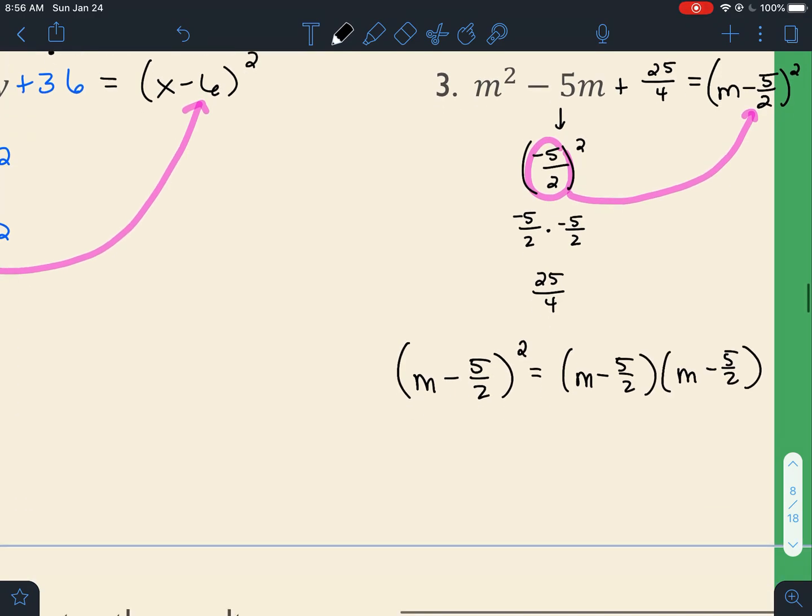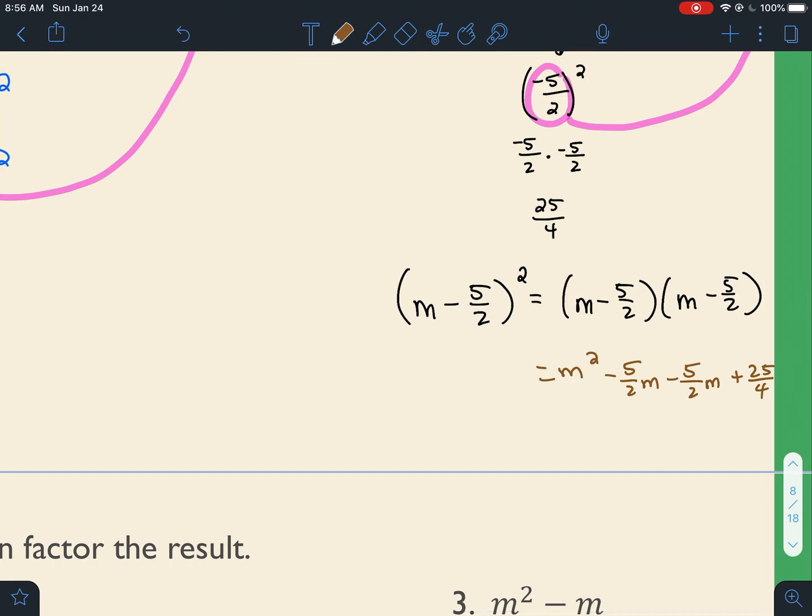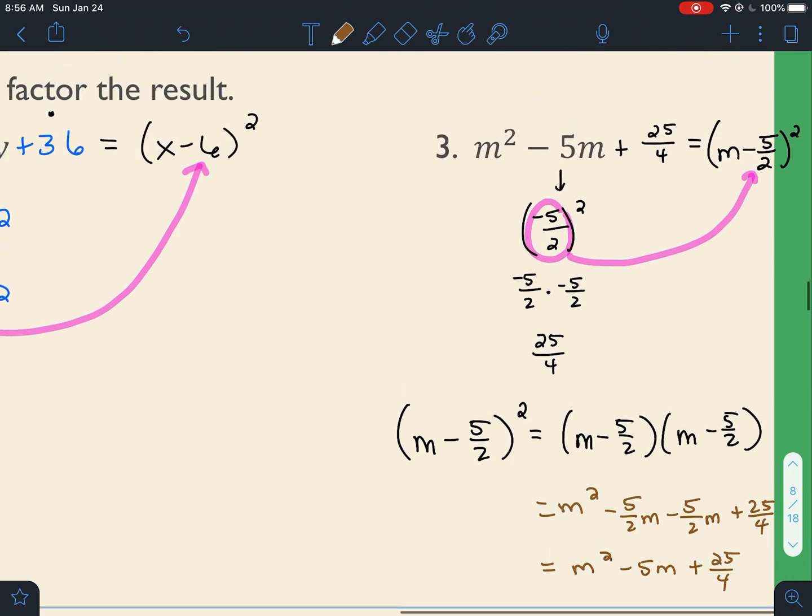If you multiply this out, you get m squared, minus 5 over 2 m, minus 5 over 2 m, plus 25 over 4. Negative 5 over 2 plus negative 5 over 2 is negative 10 over 2, which is negative 5. So we get m squared minus 5m plus 25 fourths, which is exactly what we had above.